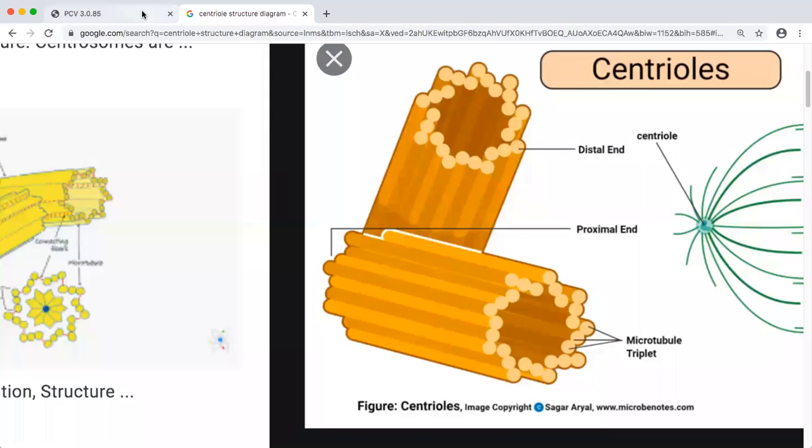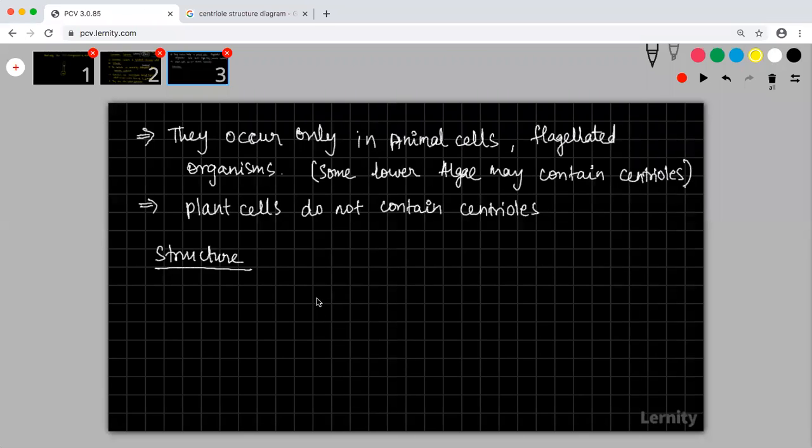So if I talk about centrioles, this is one side, and the other is perpendicular to it. So these two become proximal, and these two ends are distal ends. Are you understanding?